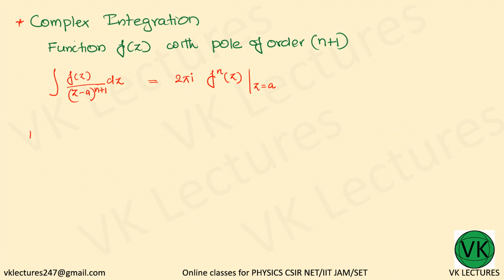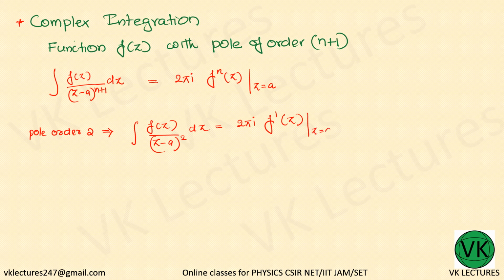For a pole of order 2, we get the integral of f of z divided by z minus a whole squared dz is equal to 2 pi i into f1, so it's f dash of z at z equal to a.